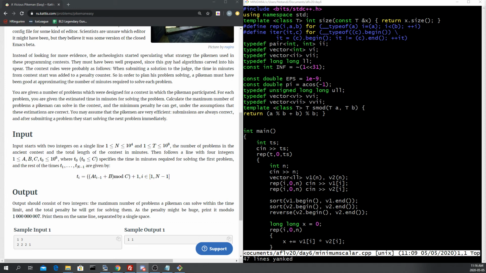And why is that correct? Because if we choose to solve a problem which takes longer than some other problem, then why didn't we just do the one that takes shorter time?